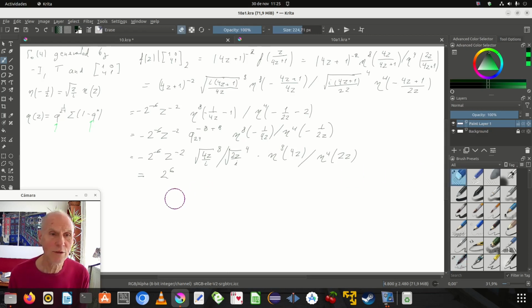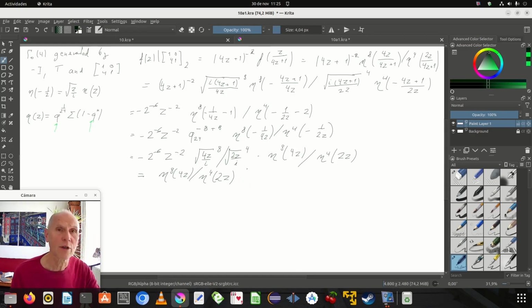So 2 cancels as well. Thereby we are left with something in the eta function itself. And then we shall see if we can rewrite it as f in some way.